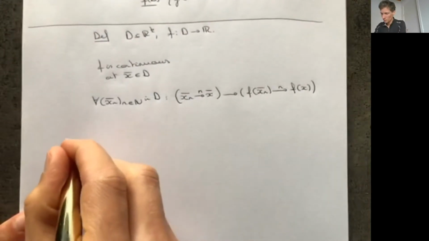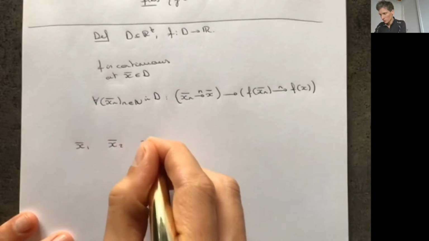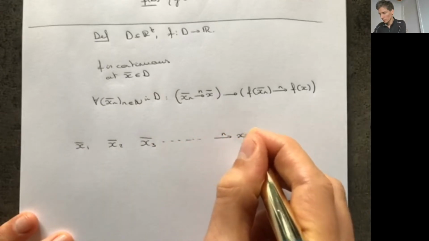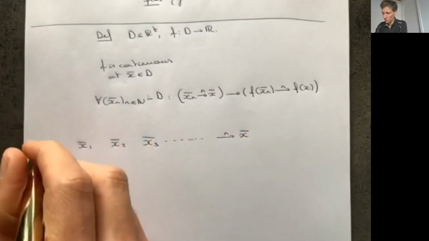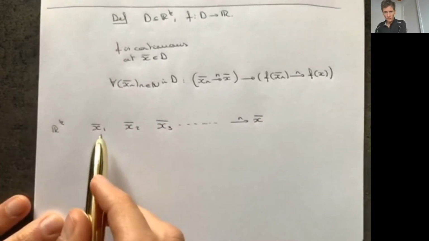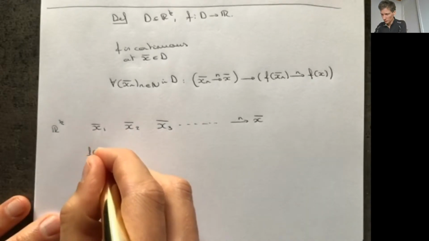So for example, we have the sequence x1, x2, x3, and so on, and this converges to some vector x. These are elements in the domain, so these are all elements of Rk. If we map x1 through the function, we have f of x1.